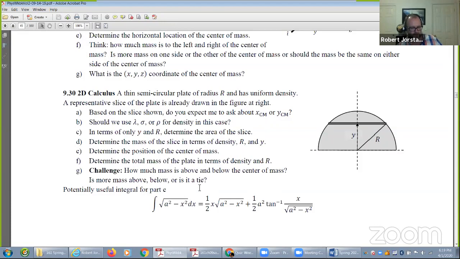In the video that I linked online, I did 9.23. If you want to go through the solution, that's great, or you could watch the video. 9.23 is online. That shows you what to do if you had 3D calculus. I just picked a random spot. Hopefully you remember, we already know the answer to that one. It's 1/3 from the fat end. However, the video walks you through the whole thing.